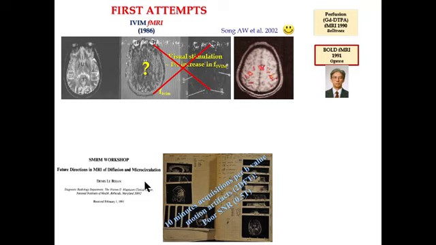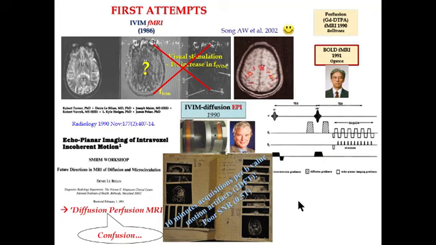It was the ISMRM workshop at that time, organized in the States, a workshop on diffusion and microcirculation. And some people said they were not convinced. They had T-shirts saying diffusion, perfusion, confusion, MRI. But today we have this IVIM session, which means that finally we were convincing.